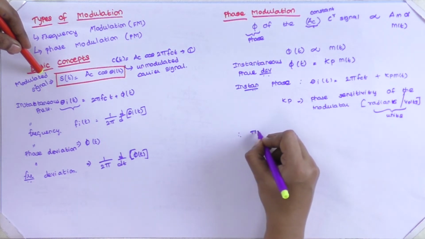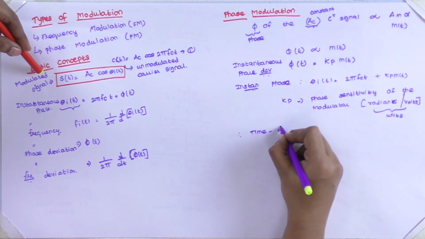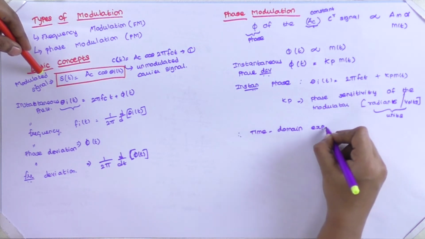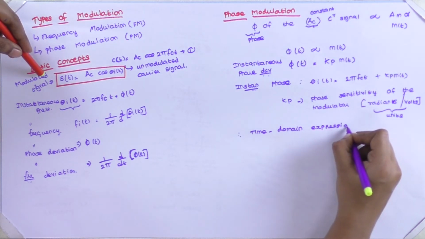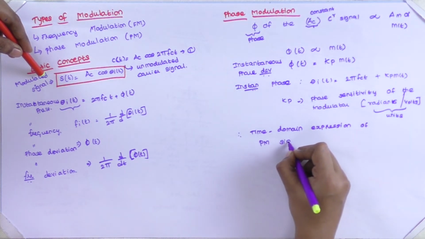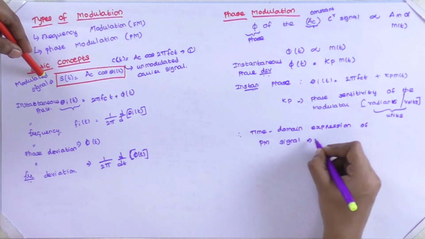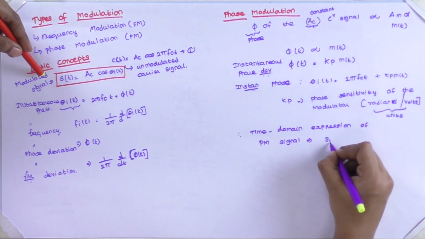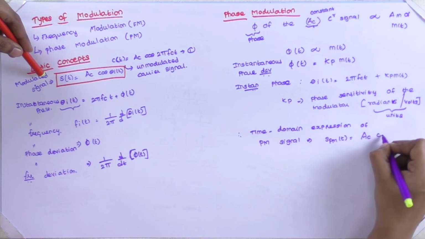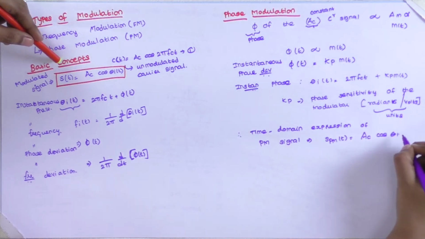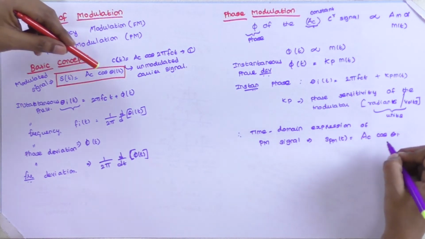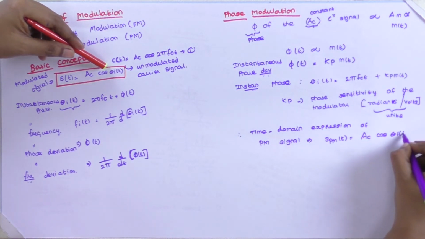Therefore, the time domain expression of phase modulation is given by s PM of t is given by Ac cos theta. This is the modulated signal general expression. Therefore, s PM of t is equal to Ac cos theta i of t.